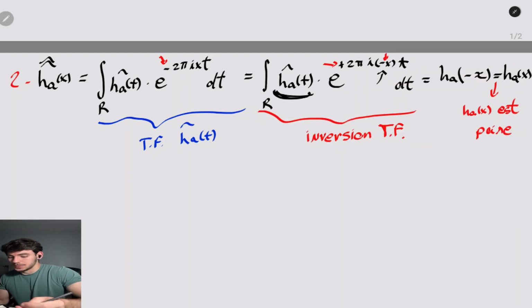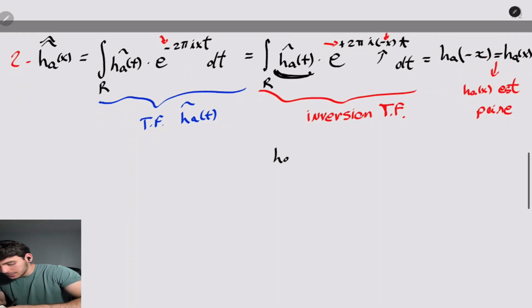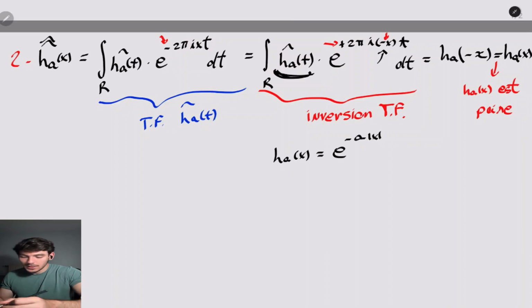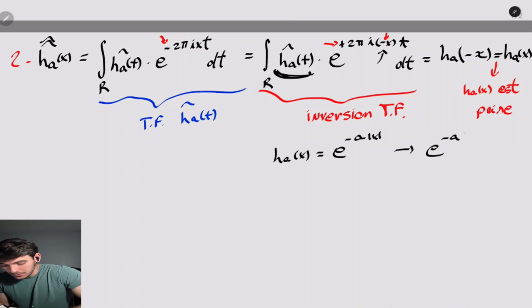If it isn't clear, I'll just quickly explain it. Our function h_a of x is equal to exponential of minus a modulus of x. Because the modulus function is an even function, our function is as well an even function. So let's suppose we have x equals 2. That means this will be exponential of minus a modulus of 2, which is exponential of minus 2a.